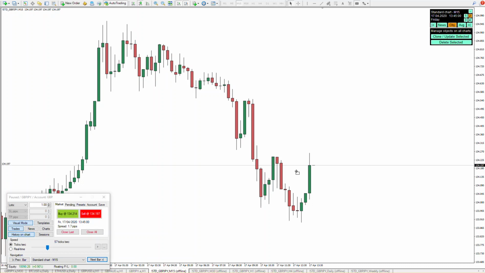So on M15 now, we are in the range, but it tricked us below the range.